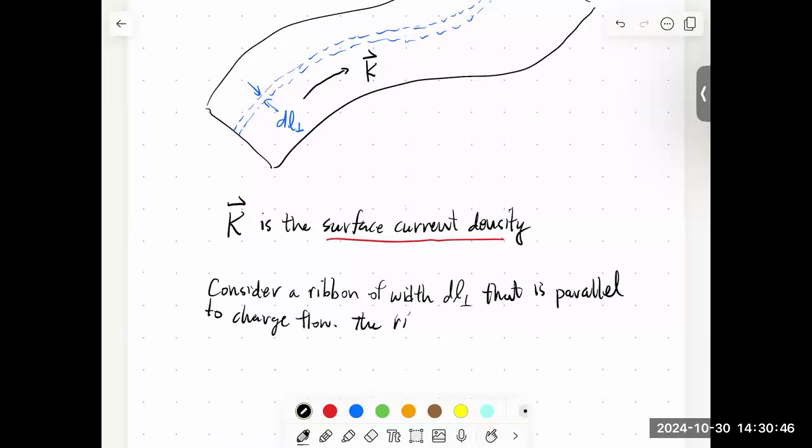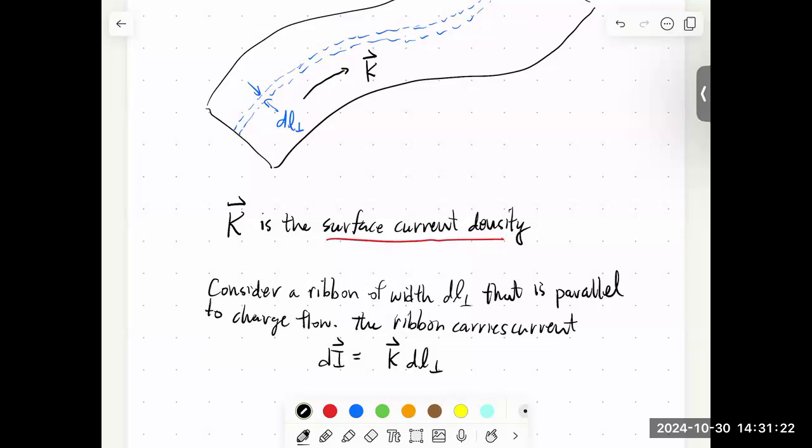The ribbon carries current dI, which is K times dl perpendicular. All right, so this is going to be like some charge per unit width, if you like, and then if we multiply by the width of our ribbon, that's how much current is in this ribbon.